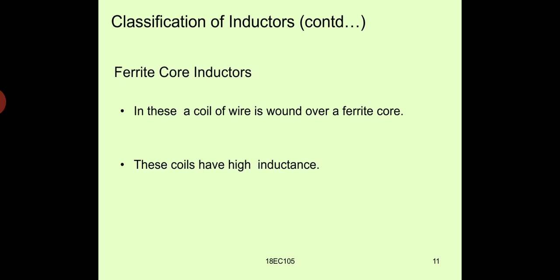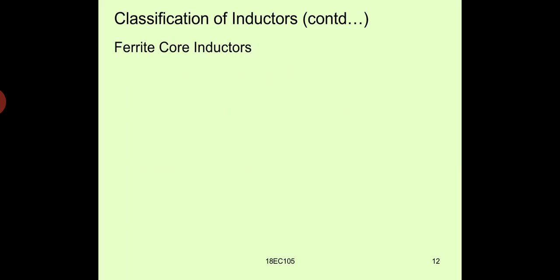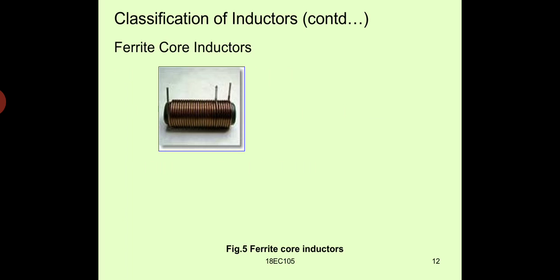And these coils have very high inductance values. So for very small values we use an air core, for relatively larger values we can use an iron core, and for still higher values we will be using ferrite cores.